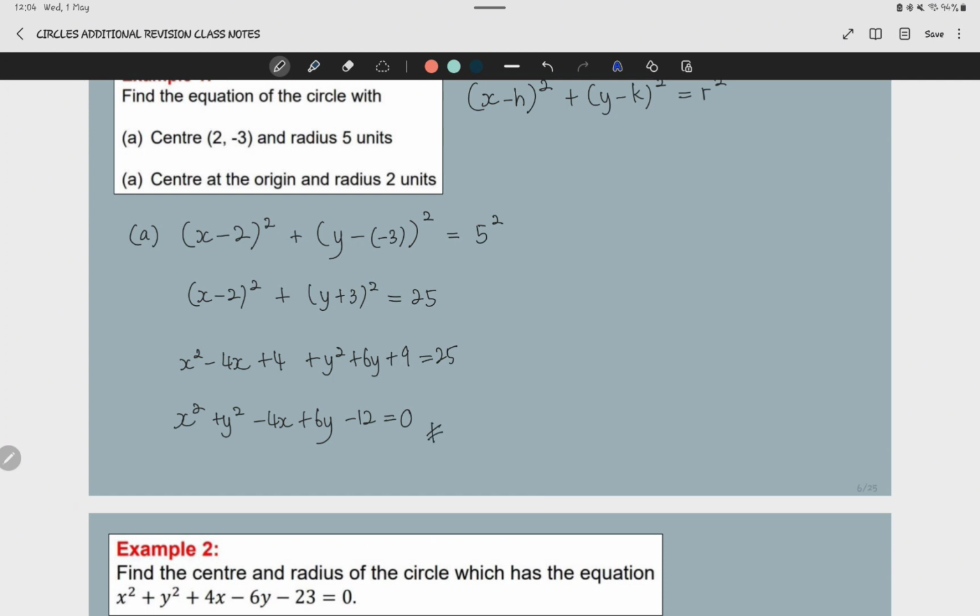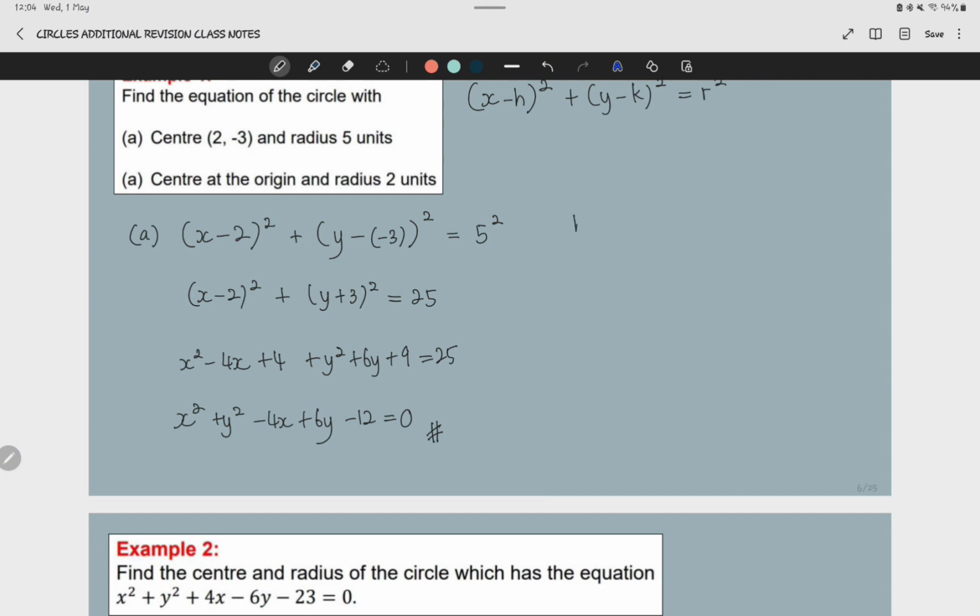This would be your general equation, or let's say the equation of that circle with that center and this radius. This is what we want. So you already accomplished the learning objective of how to determine the equation of a circle.